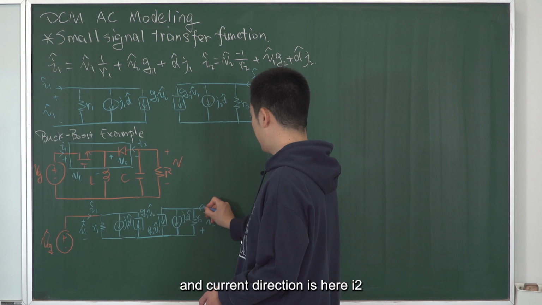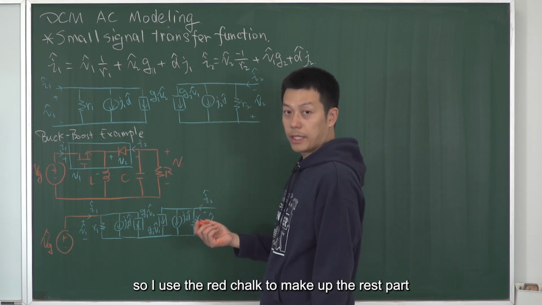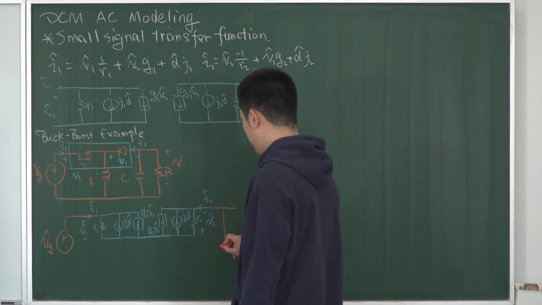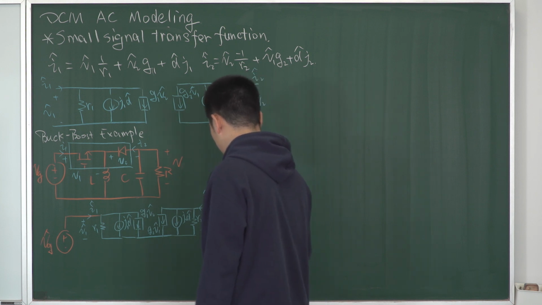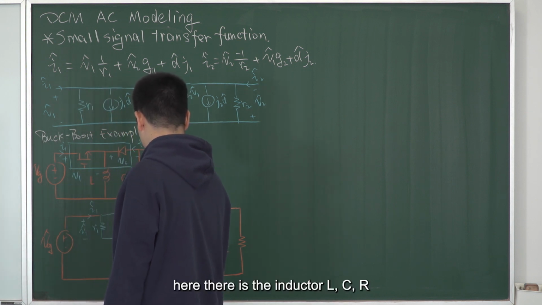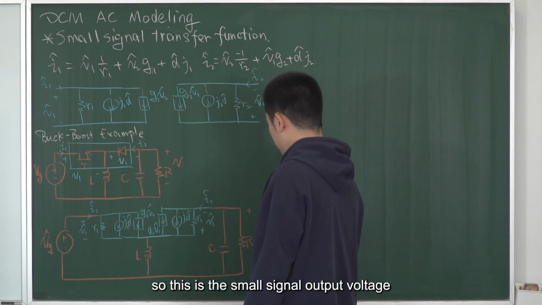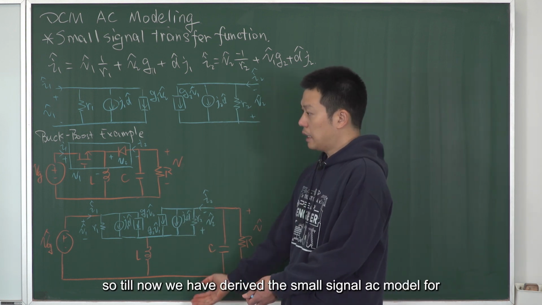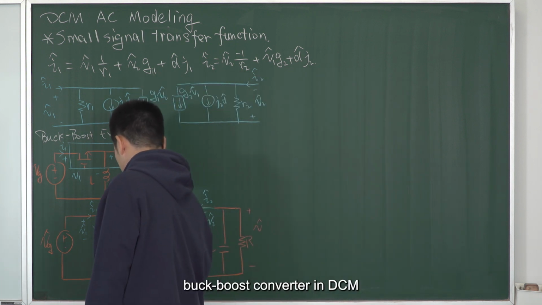And the current direction is here, I2. So I use the red chalk to make up the rest. Here there is an inductor L, C, R. So this is the small signal output voltage. So till now we have derived the small signal AC model for buck boost topology in DCM.